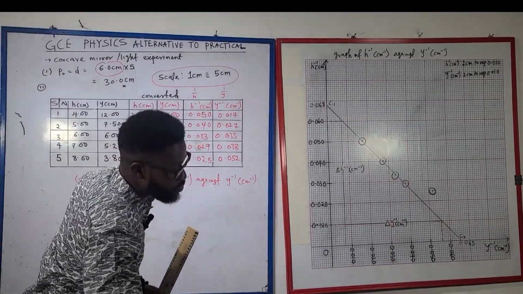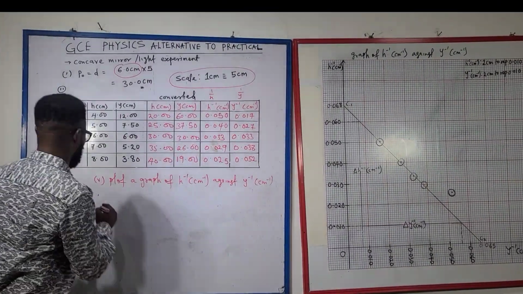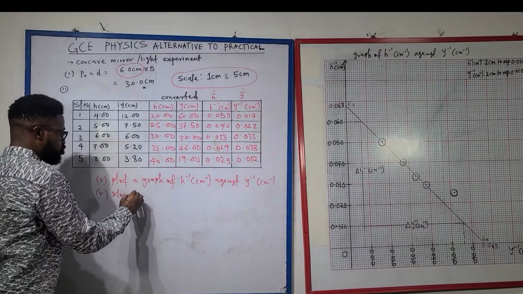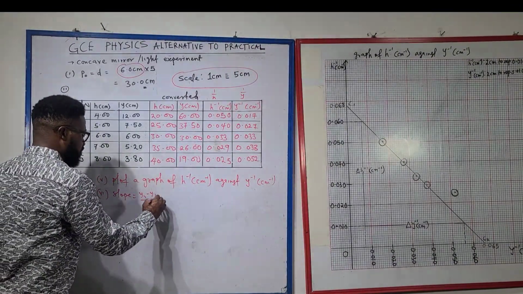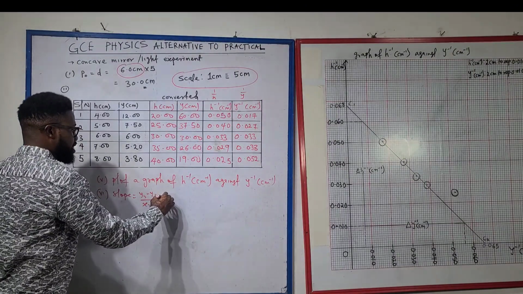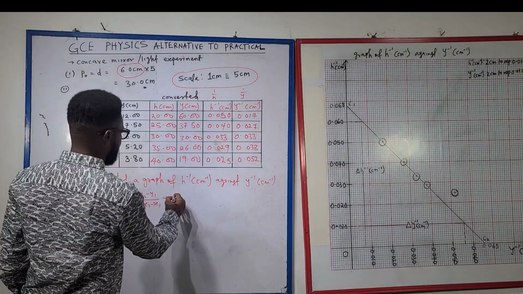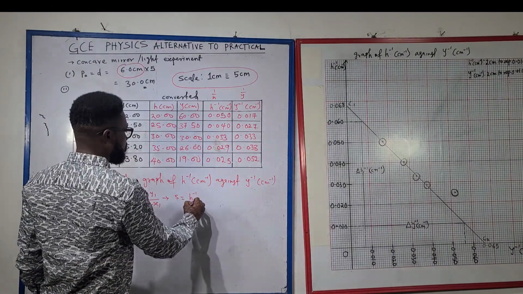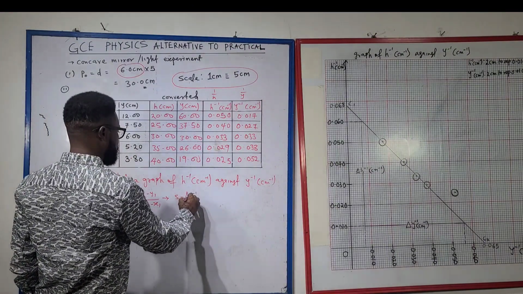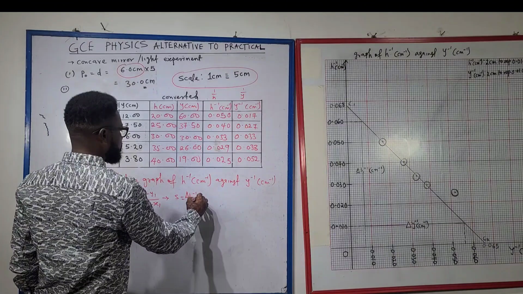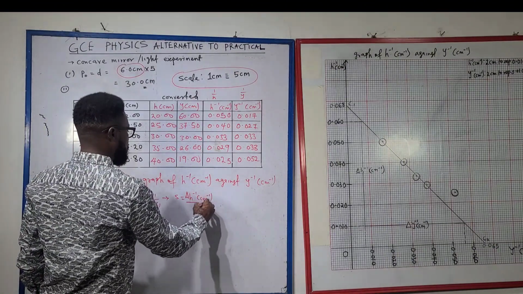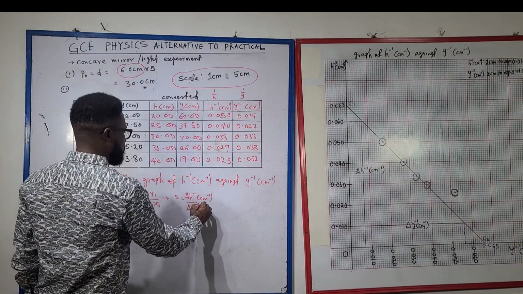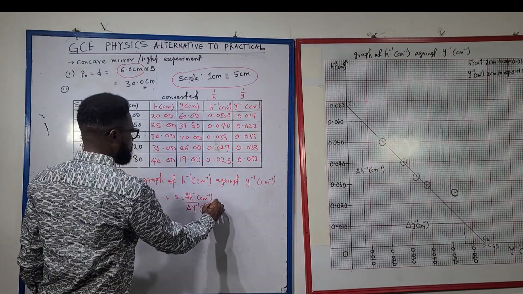For my Roman figure 6, I was told to determine the slope. The slope, as you know, is always y2 minus y1 divided by x2 minus x1. In this regard, my slope means change in h raised to the power minus 1, in centimeter raised to the power minus 1, divided by change in y raised to the power minus 1 per centimeter.